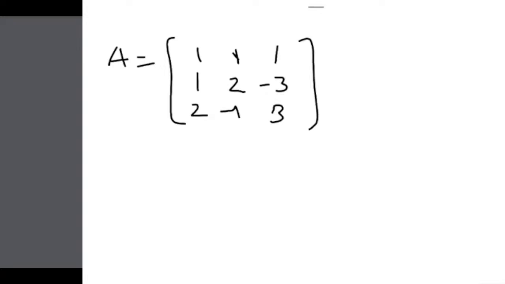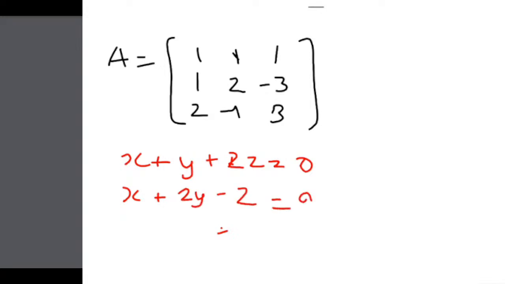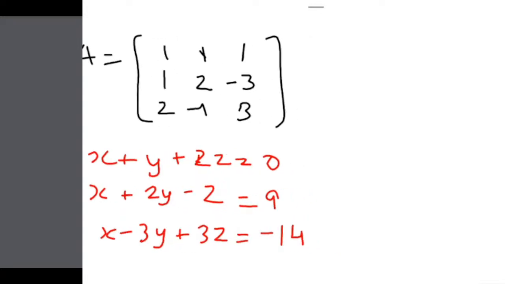So what are the given equations? x plus y plus 2z is equal to 0, and then x plus 2y minus z is equal to 9, and then x minus 3y plus 3z is equal to minus 14. Okay, so they've asked to find A inverse.